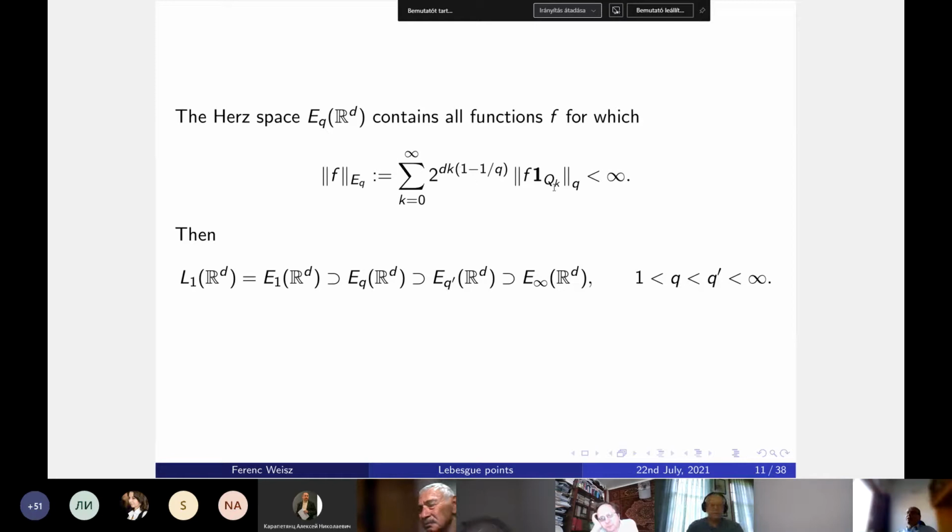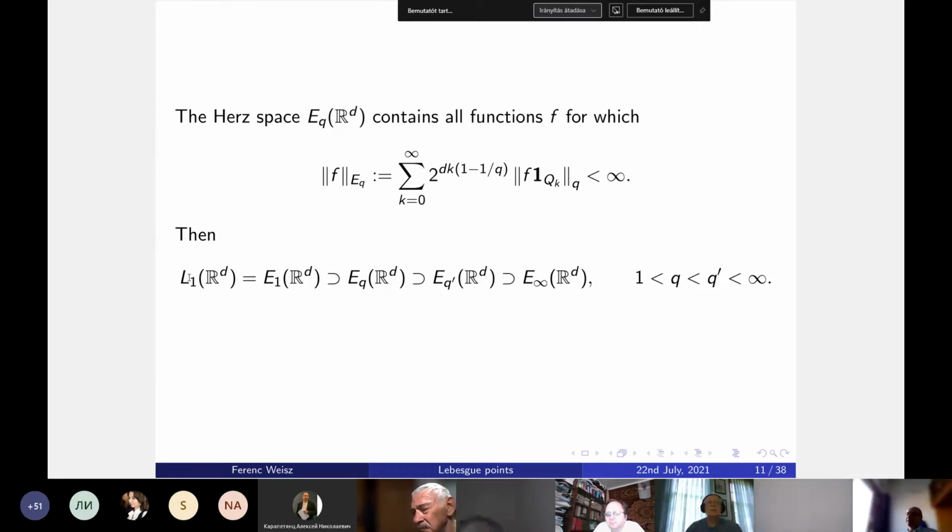The measure of Q_k is approximately 2 to the power dk, and then we multiply it here by 1 minus 1 over q. If q is equal to 1, then 1 minus 1 over q is 0, so this is 1. We get the sum of the one norm of f over the dyadic corona, so this is exactly the L1 norm.